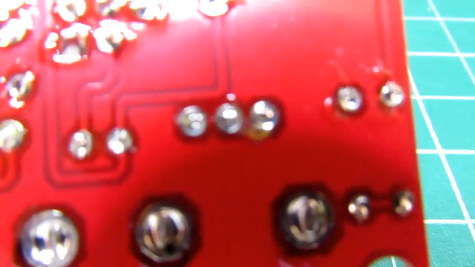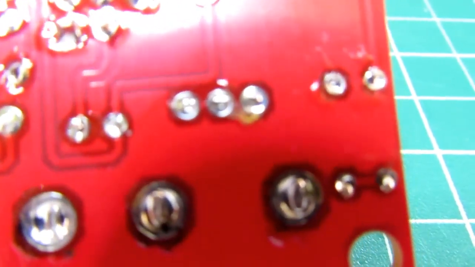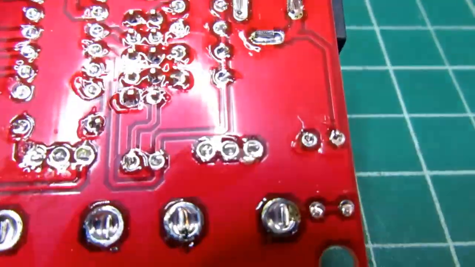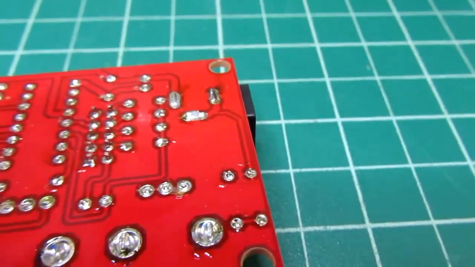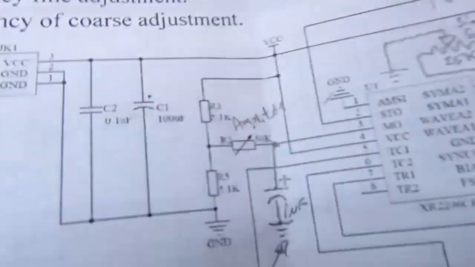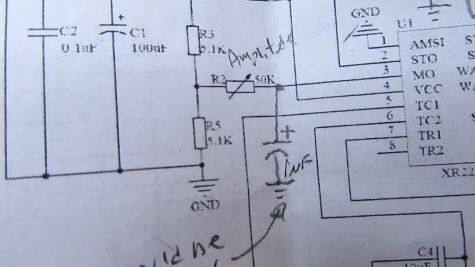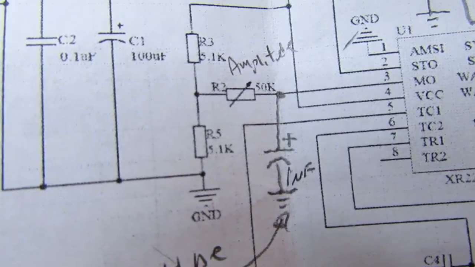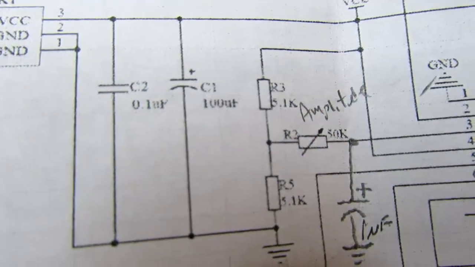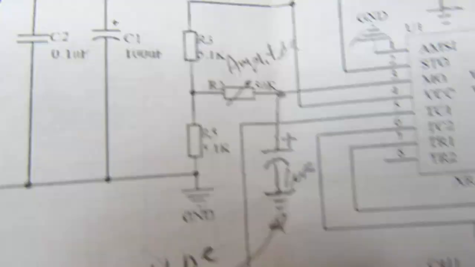There's a jumper between the center and one side of the pot, and moving that jumper to the other side should change that so it works correctly. In the schematic, the pot is just a resistor between this voltage divider here.